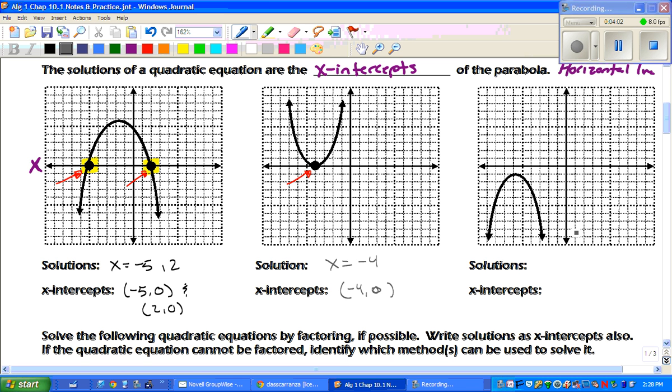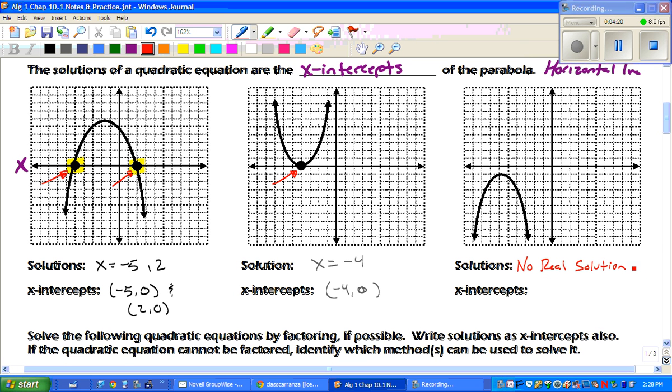Now, what about our third one? Does it cross the x-axis? Last time I checked, it doesn't. So the answer to this is not just no, it's no real solution. And I know you guys are super duper lazy.